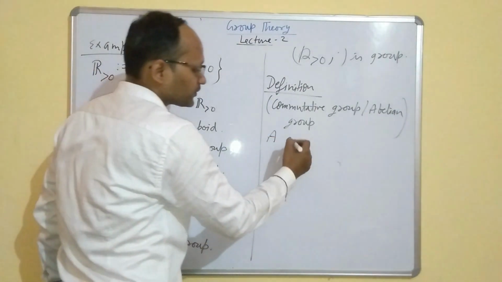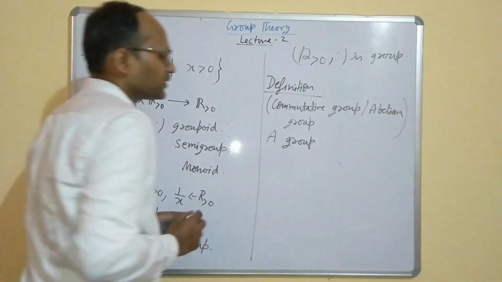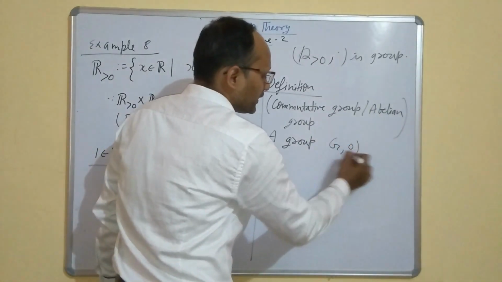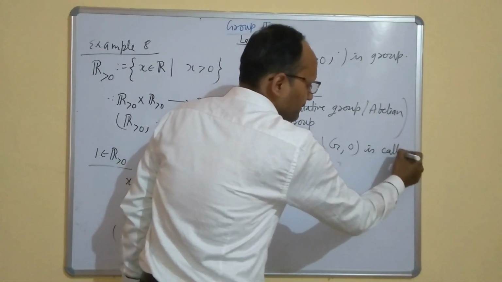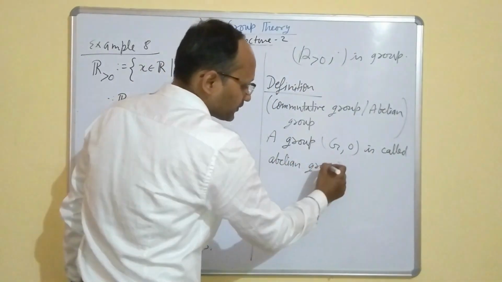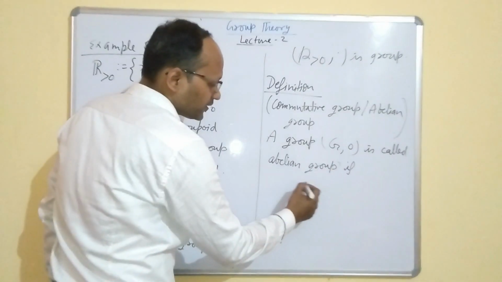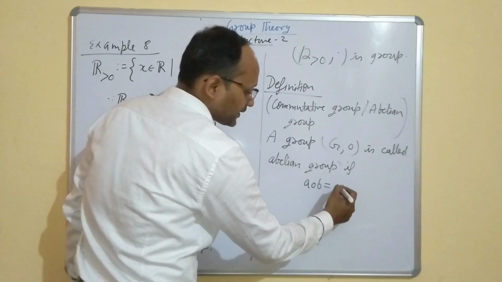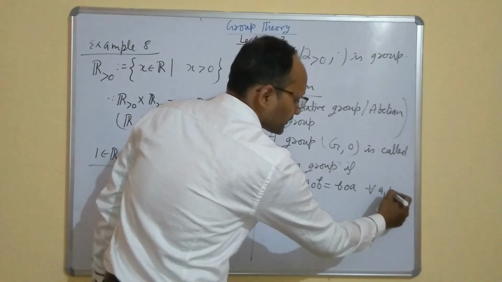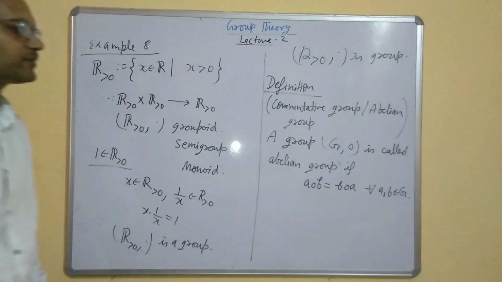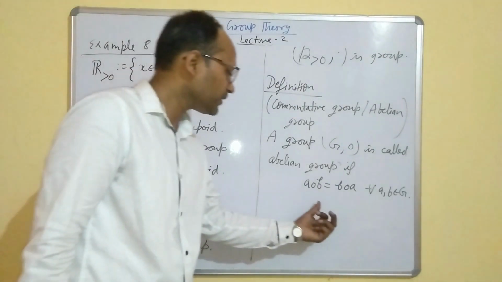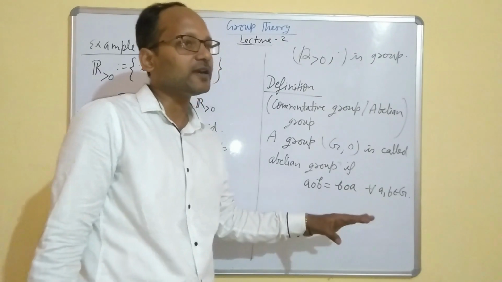So a group (G, ∘) is called an abelian group if a ∘ b is equal to b ∘ a for all a, b in G. So if in a group a ∘ b and b ∘ a are the same, then that group is called an abelian group.